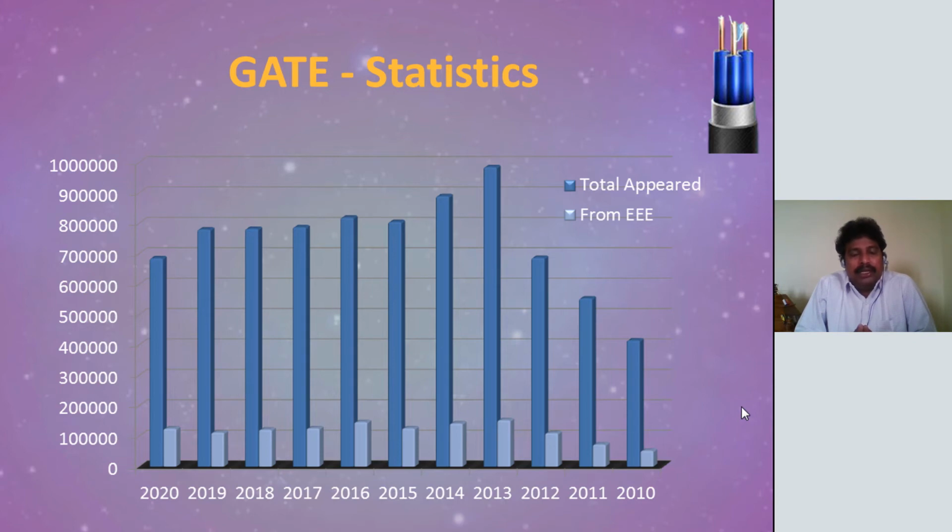If you take the percentage, it is approximately 1.5 lakhs divided by 8 lakhs, which comes to around 1 by 4. That means 18 to 25% of candidates attempting the GATE examination are from electrical engineering.